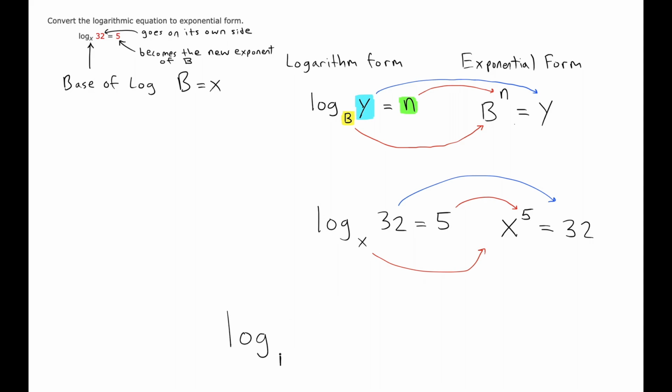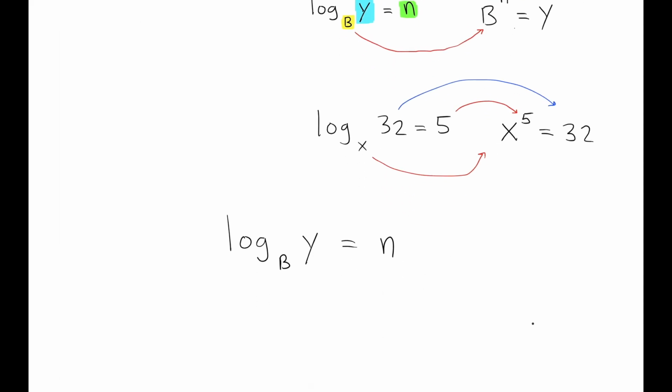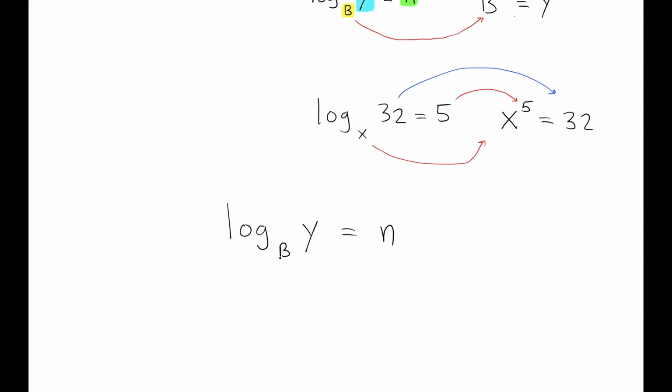So just generally, if you have a log of a base b, and we're taking the log of some expression y and setting that equal to some other expression, you would try to get rid of the log base b by doing the opposite of log base b. So the opposite of log base b would be to let the expression here become the exponent of a base of your choice.